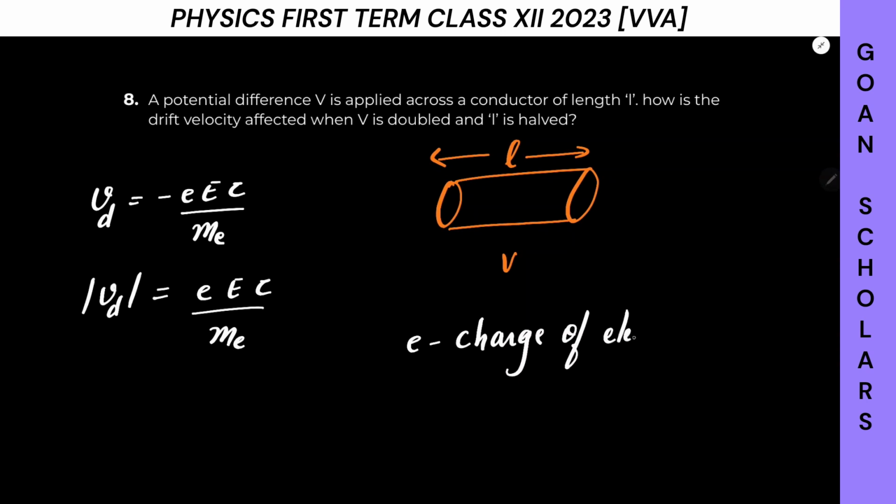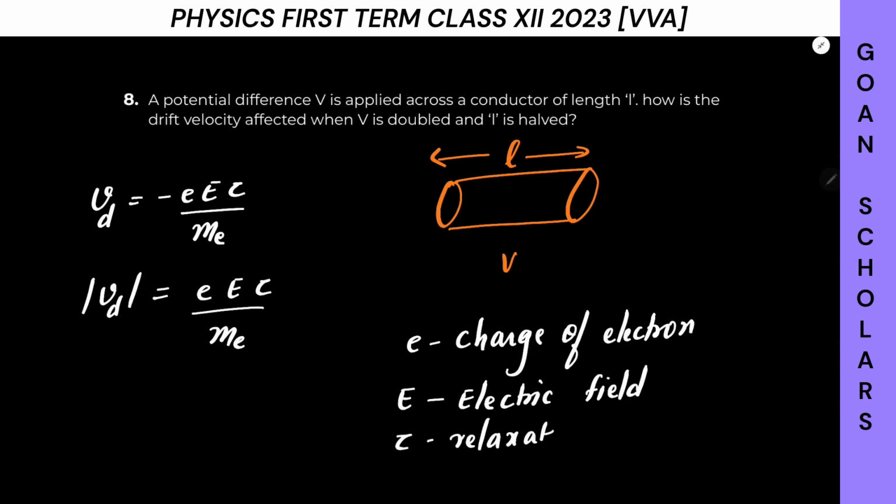Capital E is the electric field, the external electric field which we are applying to the given conductor. Tau is relaxation time. And Me is the mass of the electron.